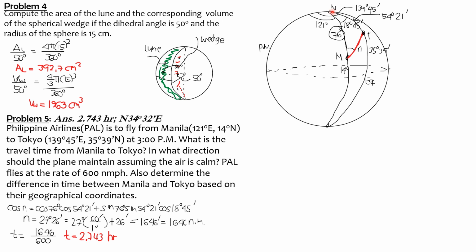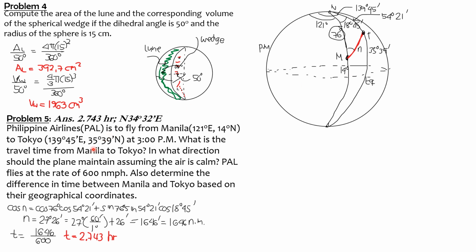So this is the prime meridian. This is the meridian through Manila. This is Manila. And since the latitude is 14 degrees, then this is 76 degrees, 90 minus 14 degrees.